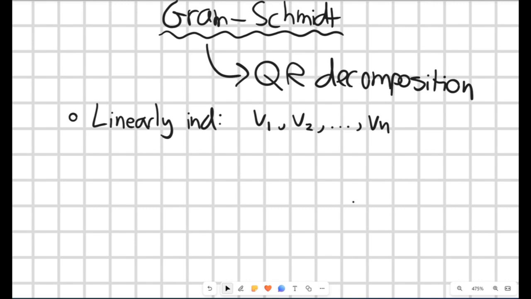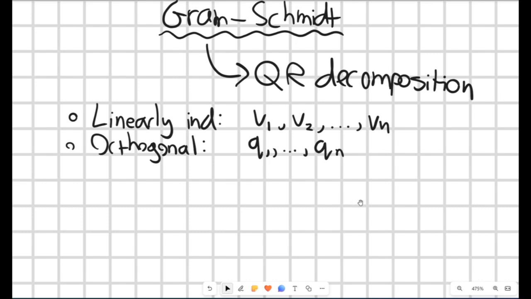So while these v's are linearly independent, they're not necessarily orthogonal. And what we want to do, again, orthogonality discussed in the previous videos on the power method, is we want to create an orthogonal set of vectors, which we're going to write as q1, let's say to qn.